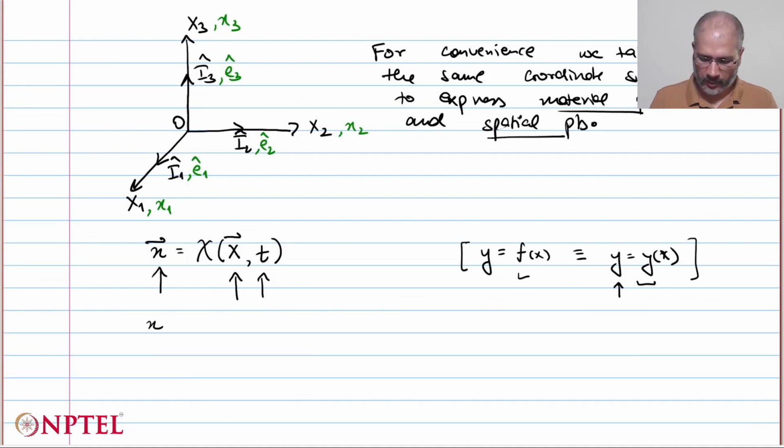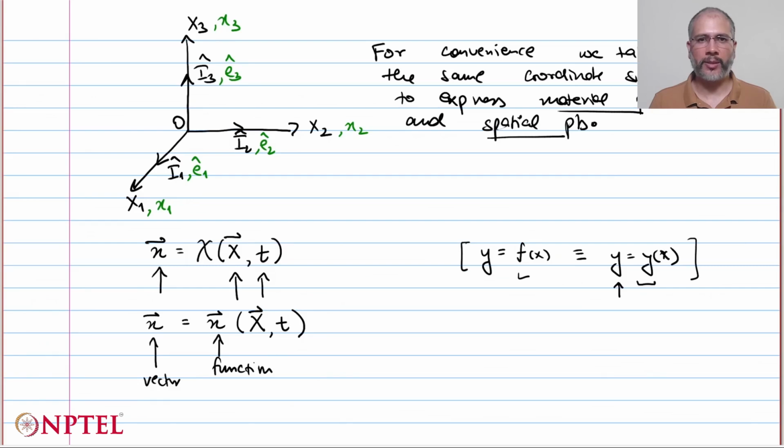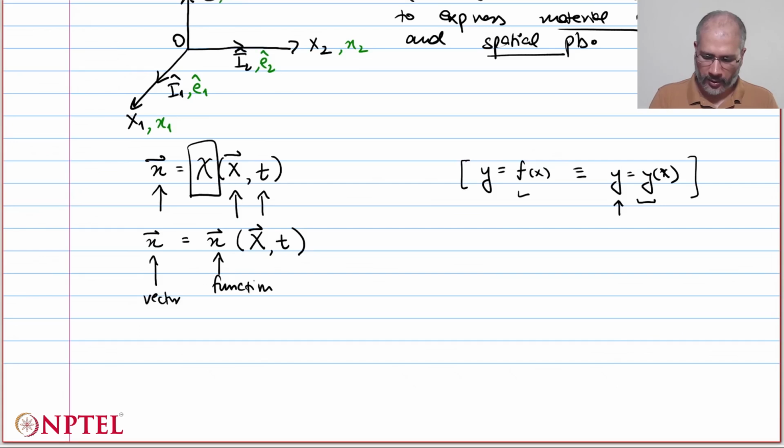We do that here as well. So we write the position or the spatial coordinates as the function small x vector of capital X comma t. So note that this is a vector and this is a function, but the output of the function is the vector, that is the spatial coordinates. So this function chi or the function small x vector is one of the most important functions that we are interested in to quantify motion in continuum mechanics.